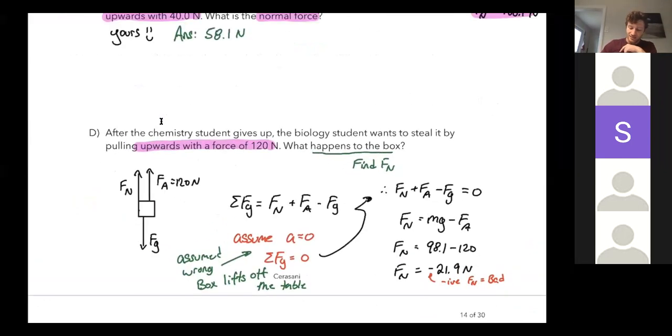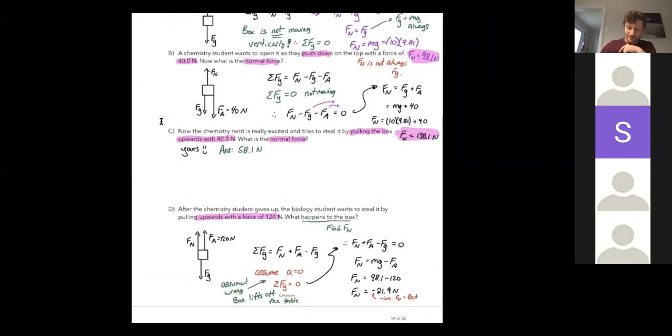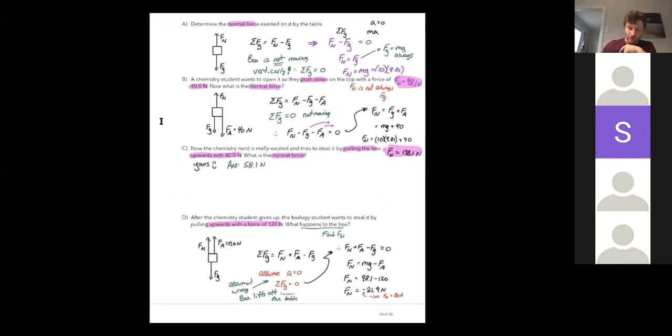And if we think back to the very first question we did, where the box is just sitting on the table, no problem, it has a normal force, it has a weight of 98.1 newtons. So this thing takes 98.1 newtons for it to move vertically. This biology student's pulling with 120 newtons, bigger than 98.